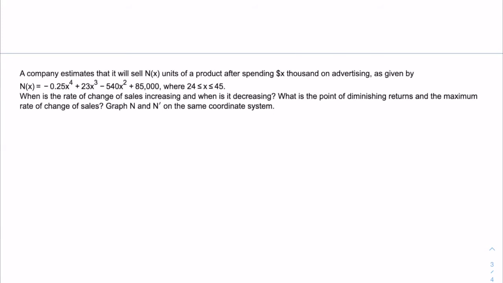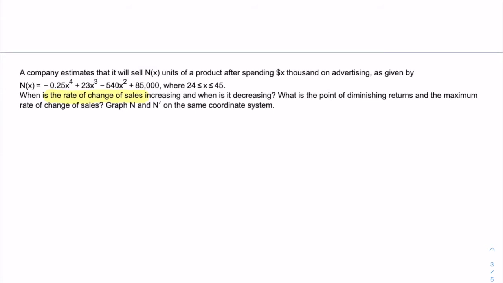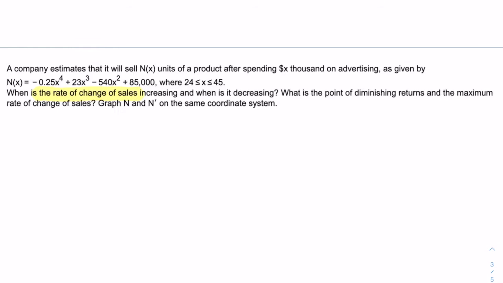So if we ask to find when is the rate of change of sales increasing and when is it decreasing, the wording itself refers to the derivative. N prime, the rate of change of sales, since n of x is the sale of units of product. So it's asking for when is the first derivative increasing and when is it decreasing.